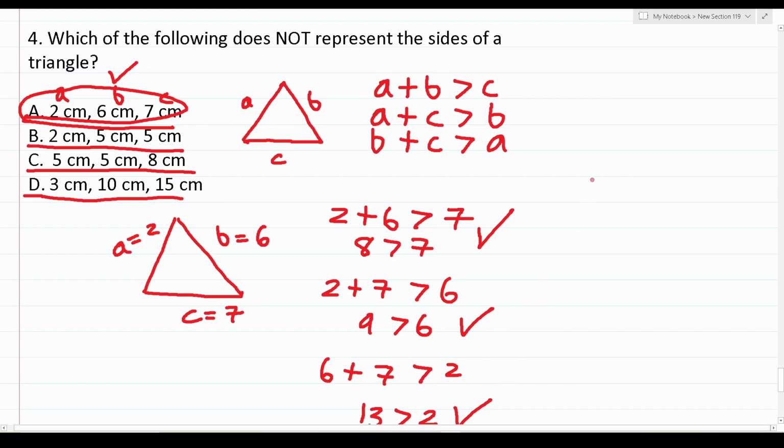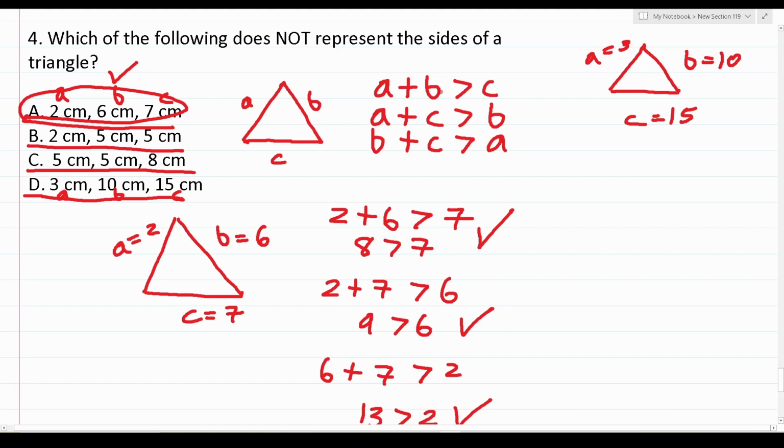All right, let's go ahead and move to D and test that one out. And if it's helpful, you can quickly make a triangle. And I'm going to call this A, B, and C. And let's label these accordingly. This is A, this is B, and this is C. So this is 3, 10, and 15. And let's start applying these tests here.